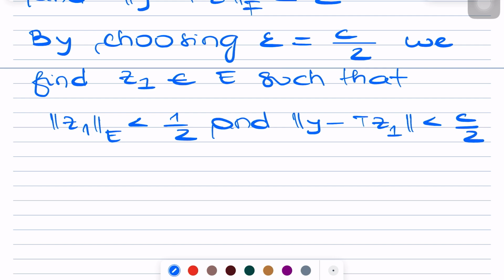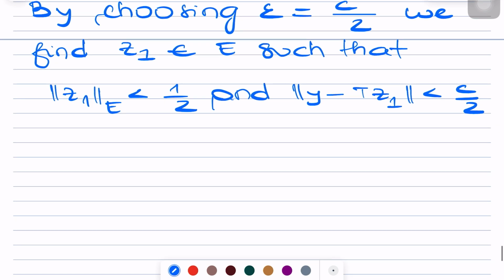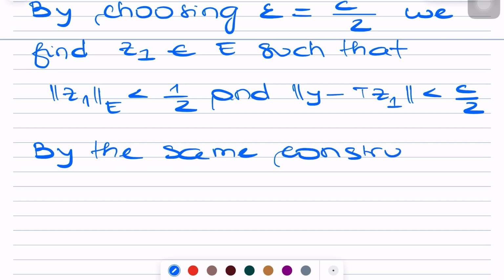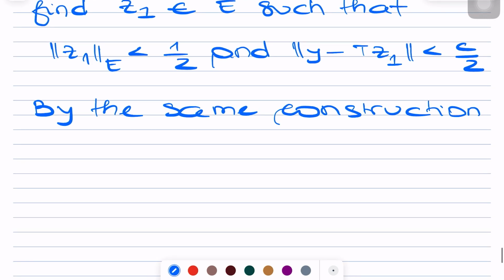So by the same construction, proceeding iteratively, the same construction applied to y minus T z1.